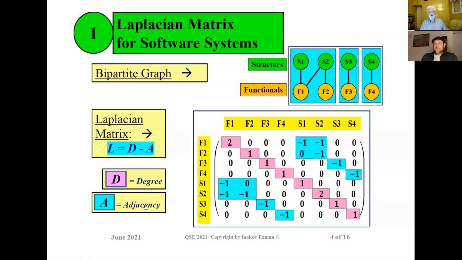And A is the adjacency matrix, showing the neighbors for each of the vertices. For instance, the structure S2 has two neighbors, F1 and F2 functionals, meaning that S2 provides F1 and F2, and so they are linked.